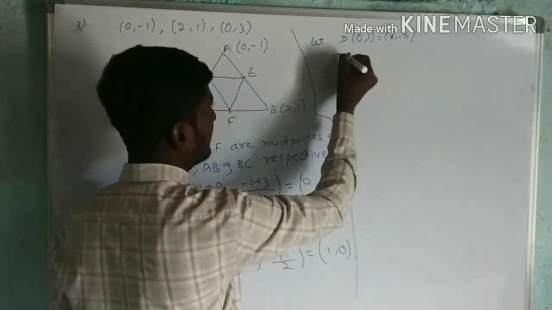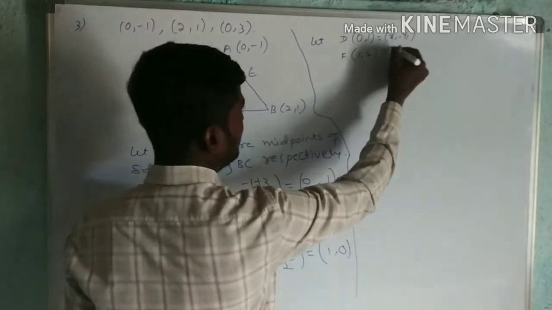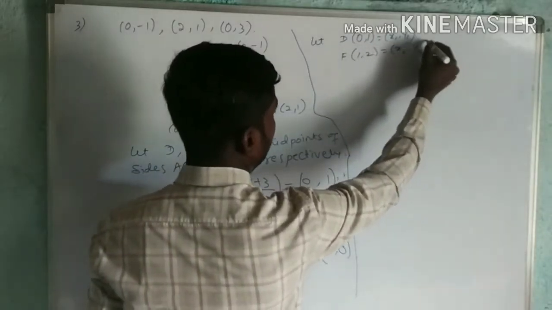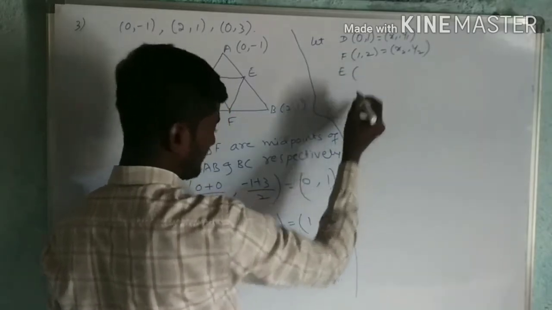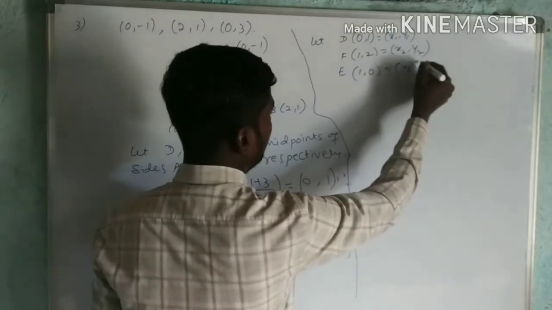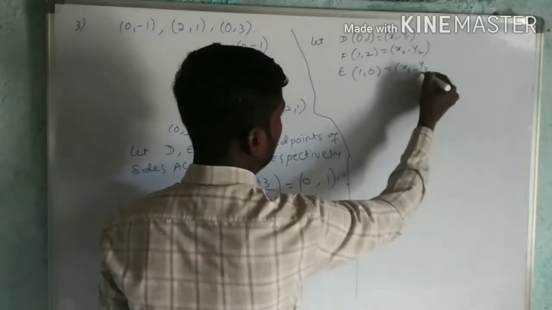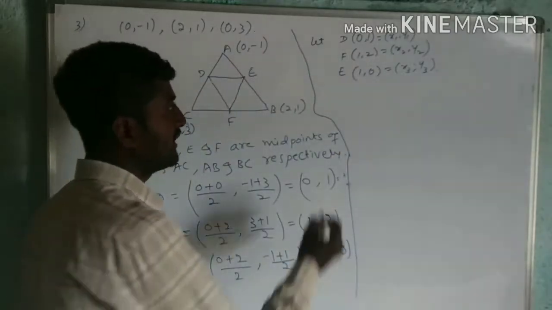Next, F. F I will take (1, 2) as x2 comma y2. Next E, which is (1, 0). So this is x3 comma y3.